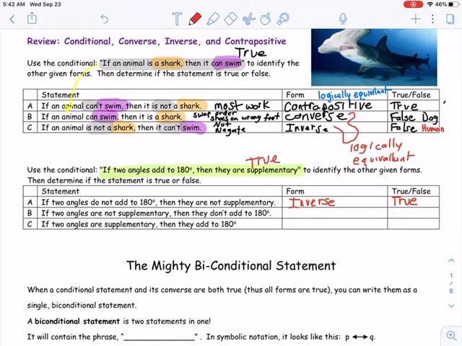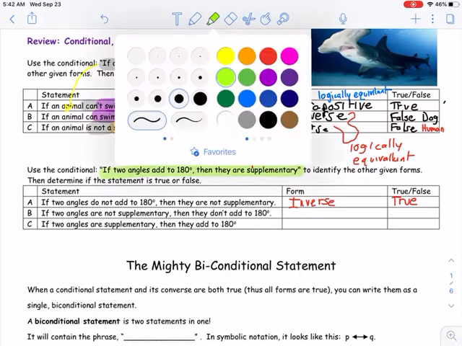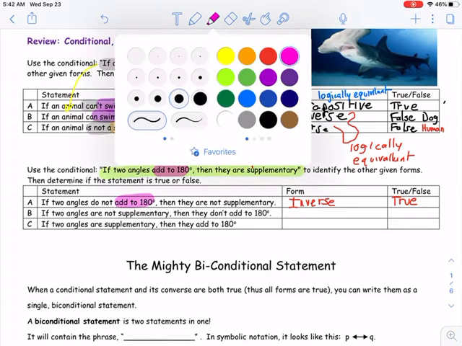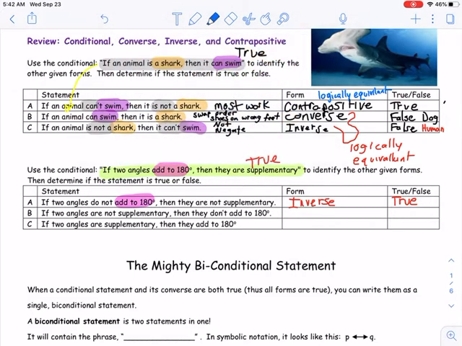Okay, now I'm going to read statement B. If two angles are not supplementary, then they do not add up to 180. So actually, let's get out the highlighter for this. I feel like you probably should have done that from the get-go. So 180, 180, supplementary, supplementary, and then we have the nots there.